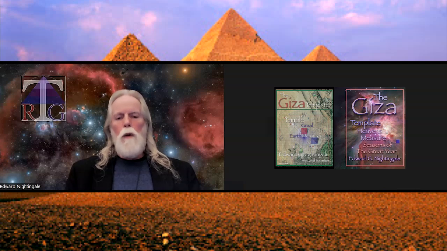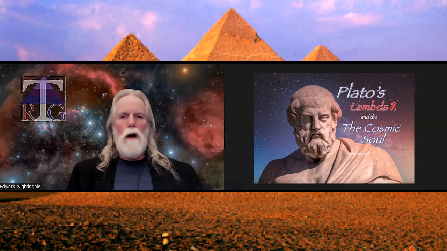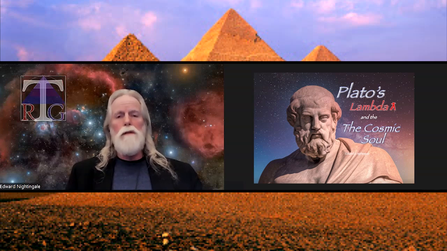But we can see that this is all based on numbers that were left at Giza, in what's called the lambda sequence. I've done a video on it. Plato gives us these numbers of the lambda sequence that, when applied to this template and utilized in all the different sciences, is key. It's these beautiful harmonic natural numbers where it all starts.